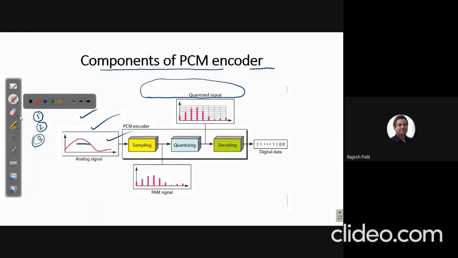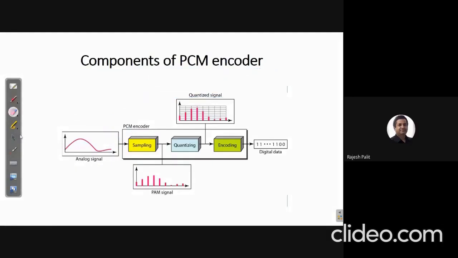So here you see, this is the analog signal. Sampling means at different points of time, we take the value of the amplitude, like this. That is, at different intervals, we take the amplitude.